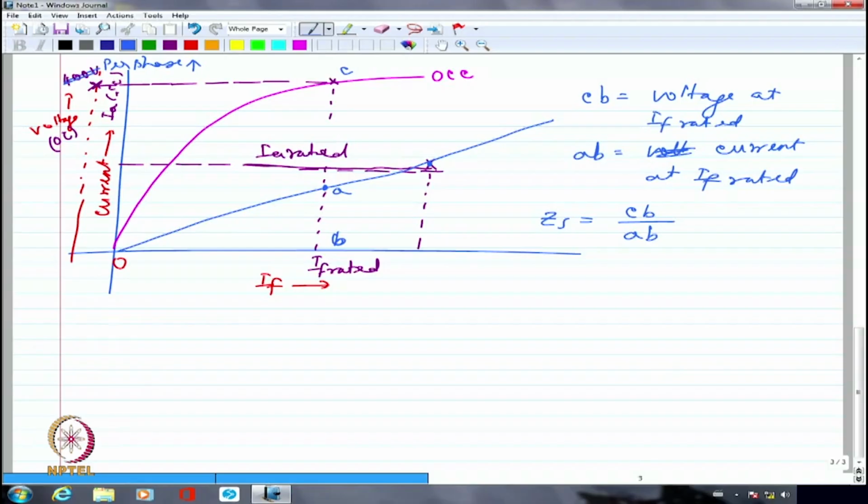Please remember what we talked about the magnitude of the impedance, right? We said this is Xs, this is R, and Xs is much, much higher than R. So this is highly inductive in nature. The current is going to be highly inductive. It is going to be almost lagging behind by 90 degrees. Am I right?